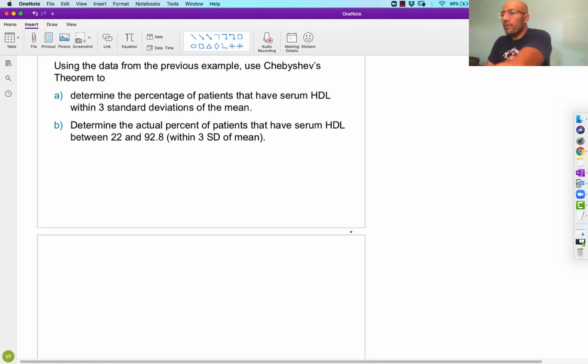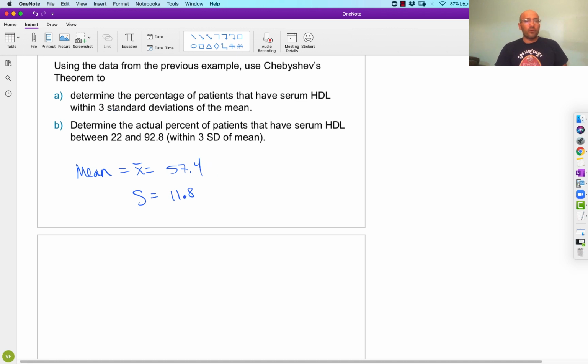Okay, so if you remember, the mean of patients, so this would be x bar, is equal to 57.4. And then the standard deviation of our patients, S, was 11.8.